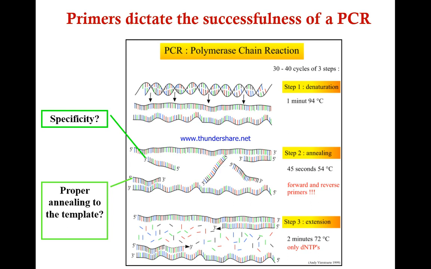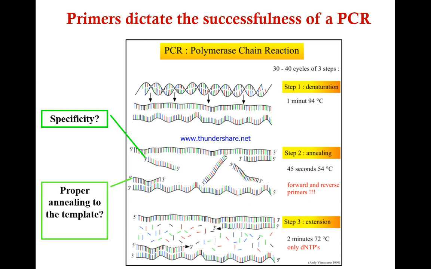In the third step, we give 2 minutes at 72 degrees centigrade, and the dNTPs will bind and the enzyme Taq DNA polymerase will start building the complete DNA strand from the primer, and the amplification of the DNA will happen, as you can see in this.